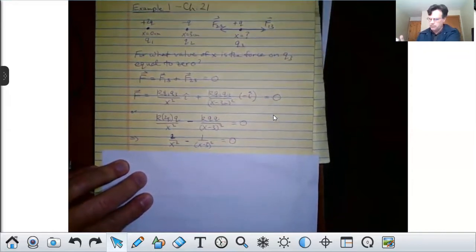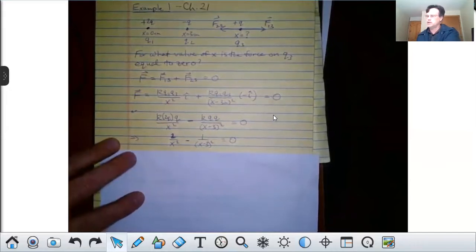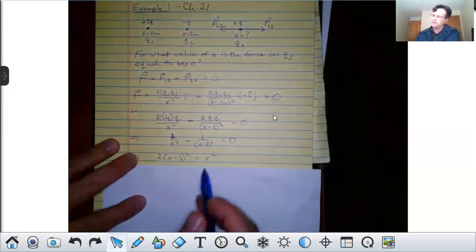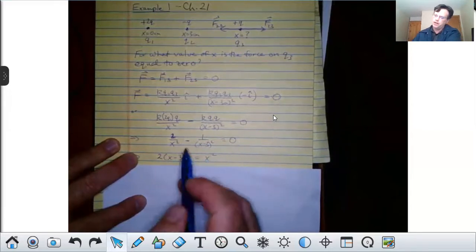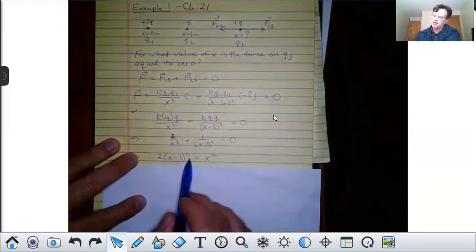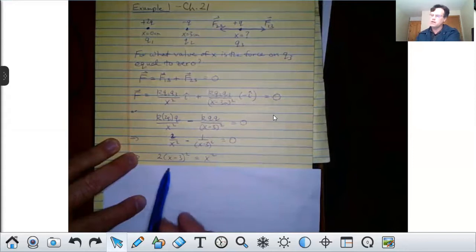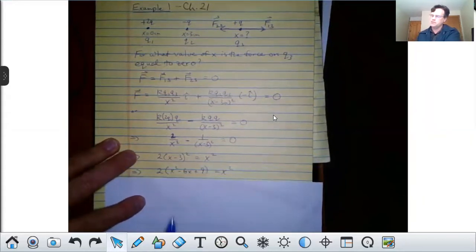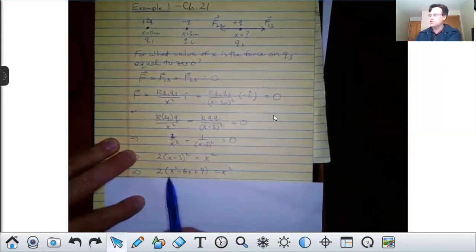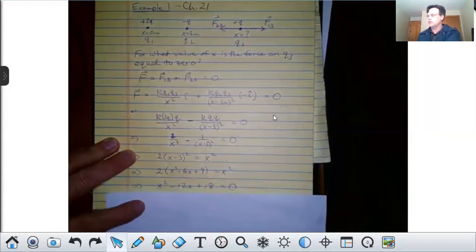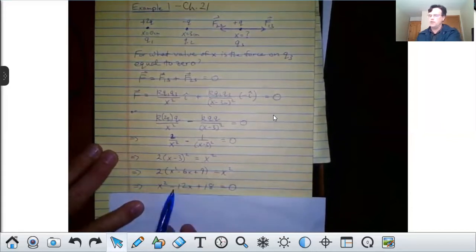And now I just have to do a bunch of algebra to solve this. First of all, I can add the 1 over (x minus 3) squared to make it positive, and then multiply by (x minus 3) squared and x squared, and I eventually get this, right? Again, this is just doing some algebra. Then I can FOIL out the (x minus 3) squared, which becomes x squared minus 6x plus 9. Do a little more algebra to get it into the quadratic form here.